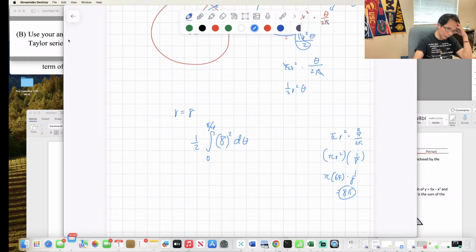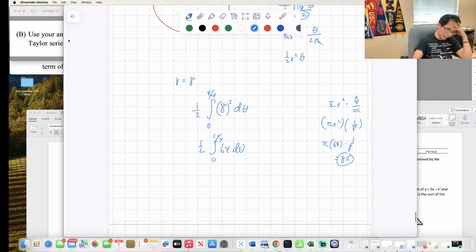So let's try integration here. If you have 8 squared, then it's going to be the integration of 64 d theta between 0 to pi over 4, times 1/2. And that's going to be 64 theta from 0 to pi over 4, times 1/2.